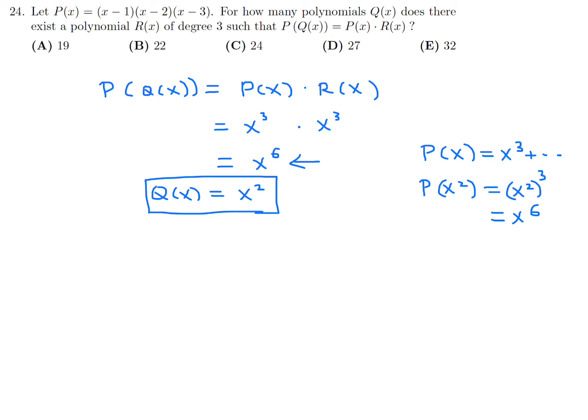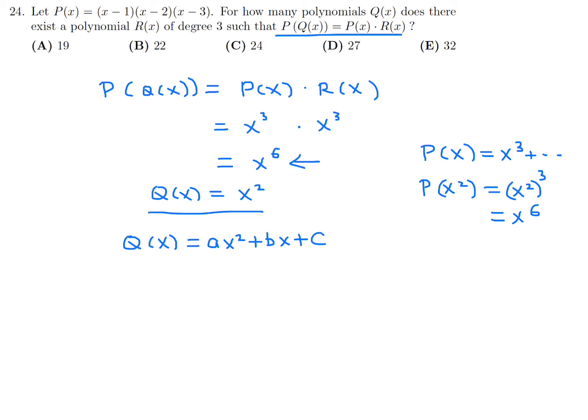So Q(x) must be of this form: ax² + bx + c, a second degree polynomial. All right, so that's the first part of the question.